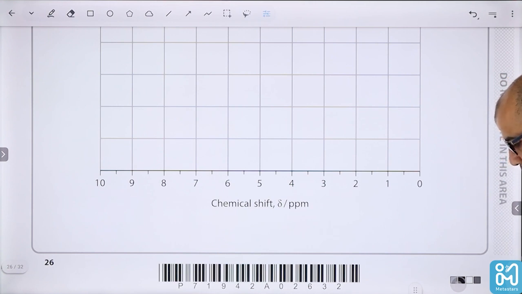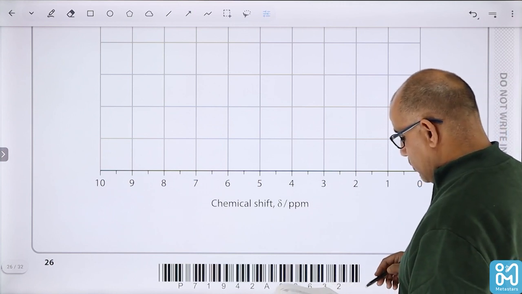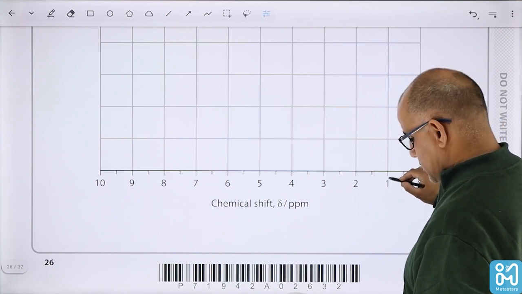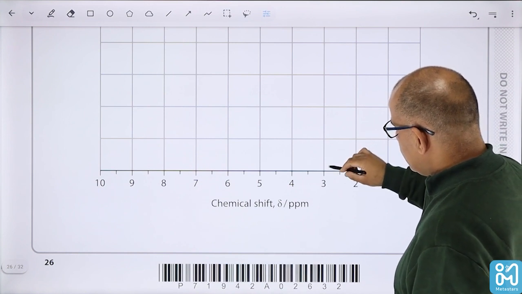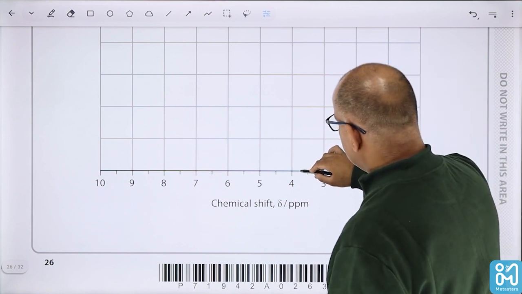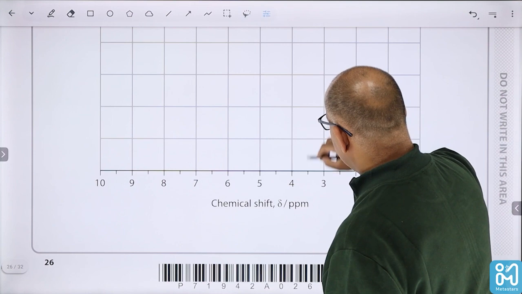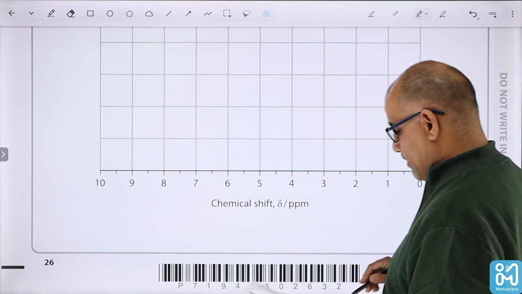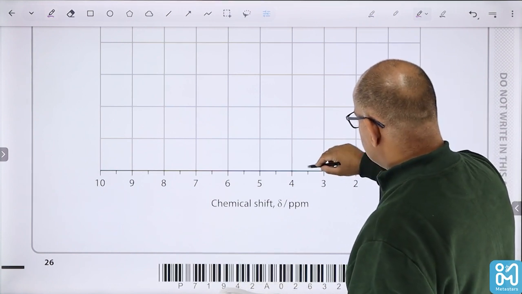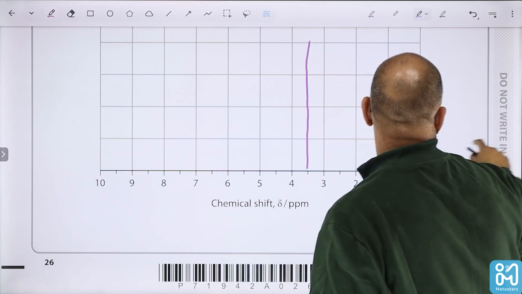It's around 3.4, beside the 2, and the other is around 3.1. So it will be 6 to 3.